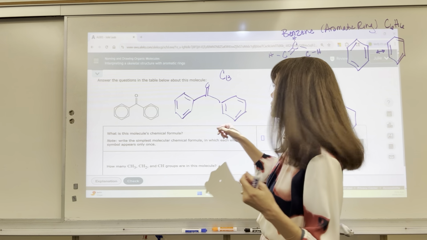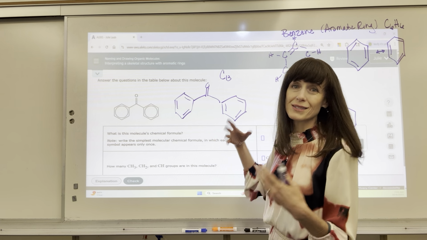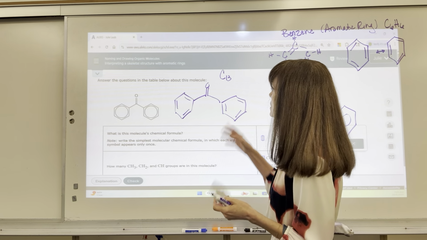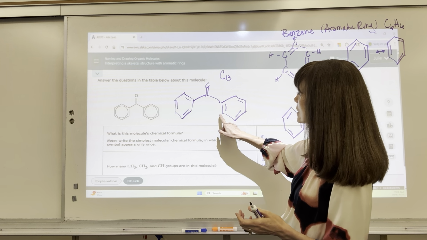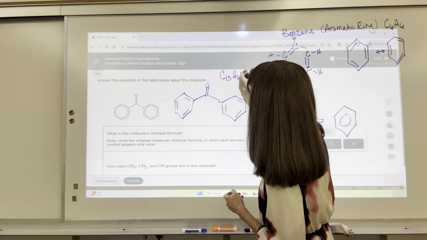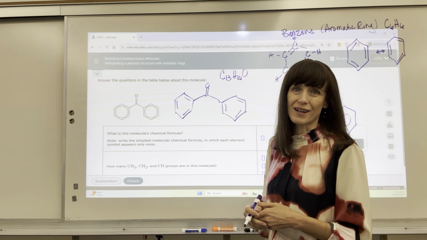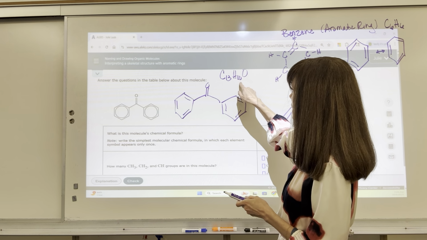We don't have any room for hydrogen. Same thing here, 1, 2, 3, 4. 4 bonds, there's not going to be a hydrogen on that. So our hydrogens are going to be 1, 2, 3, 4, 5, and then come over here, 6, 7, 8, 9, 10. So that will be an H10, and then we've got our oxygen. So that's what I would type in here. I would do the C13H10O.